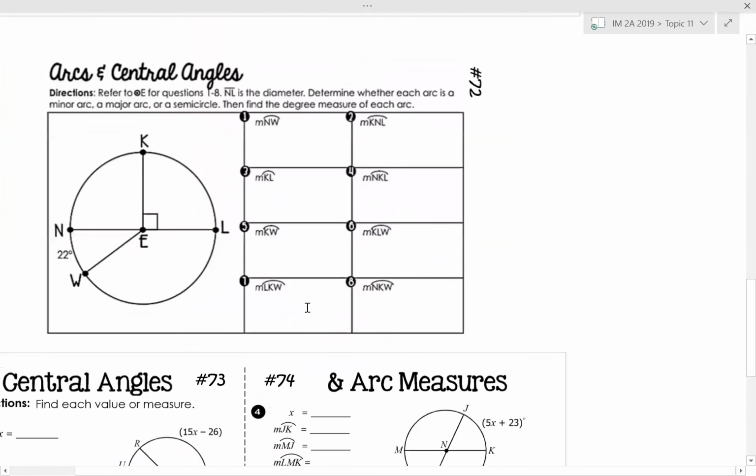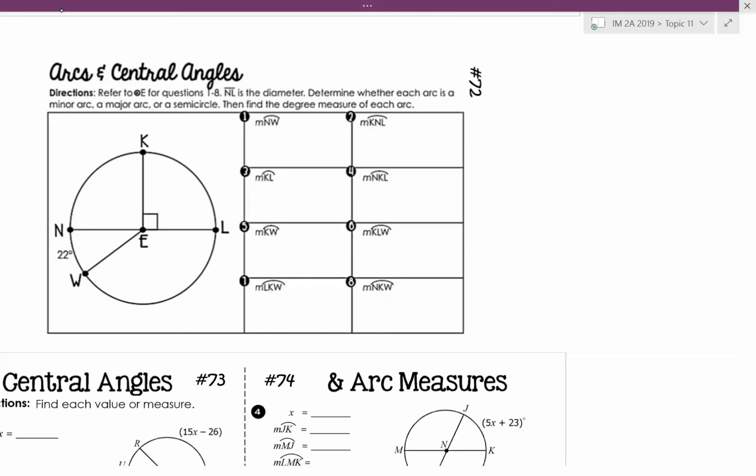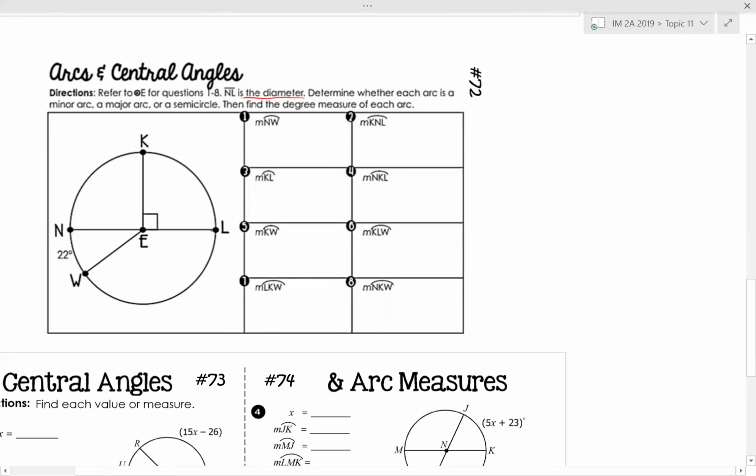The next one is just having us look at this other diagram and identify some arcs. So if I have circle with center E, this notation is telling us we have a circle with center E, and we're going to use it to answer questions 1 through 8. So NL is the diameter. NL then makes this so that this side is 180 and this side is 180.